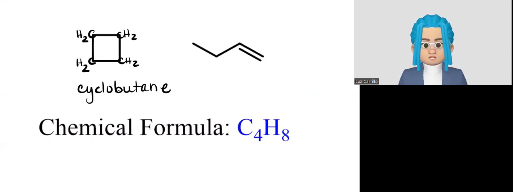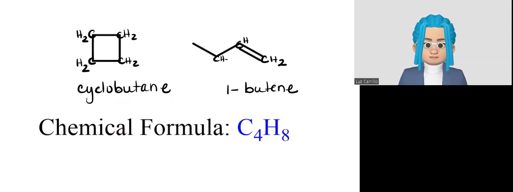The molecule on the right is 1-butene. If I write in the carbons and hydrogens, we can see that both molecules share that C4H8, and then they have different attachment of the atoms.